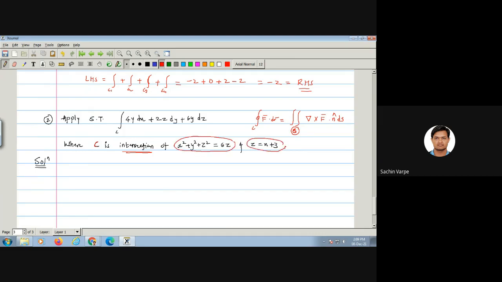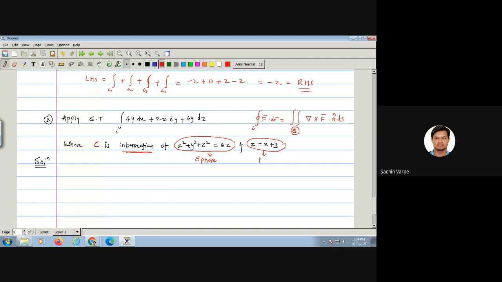Now tell me what the first surface represents. x square plus y square plus z square equal to 6z represents what geometrically? It is a sphere, right? And what about the second?